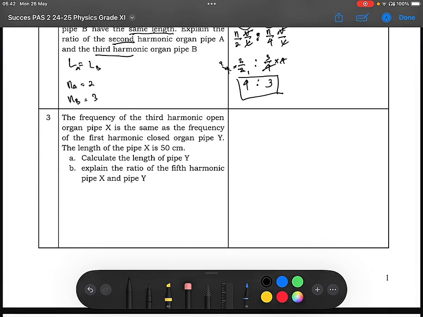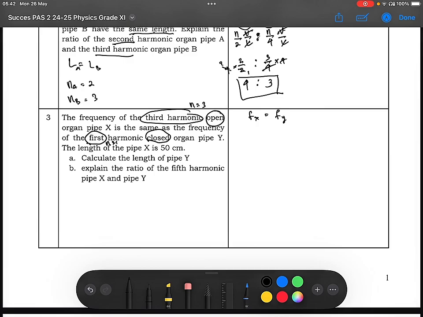Number 3, the frequency of the third harmonic of open pipe X is the same as the frequency of the first harmonic of closed pipe Y. Fx is the same as Fy. Fx is the third harmonic, the open, so n is 3, and pipe Y is the fourth harmonic, n is 1, the closed.